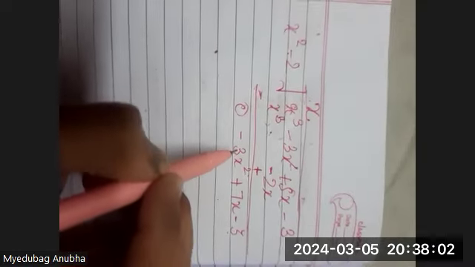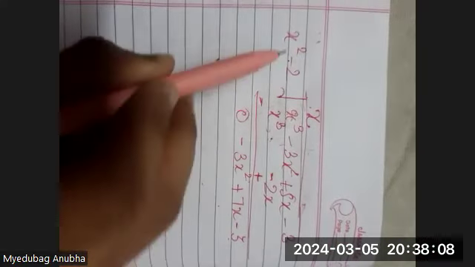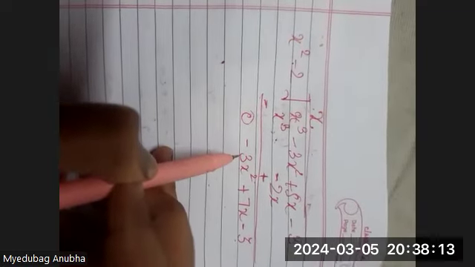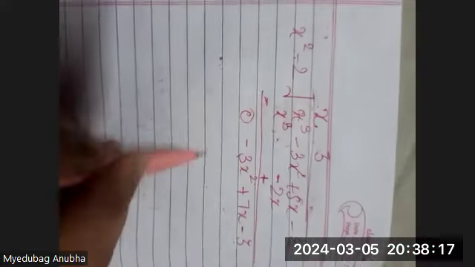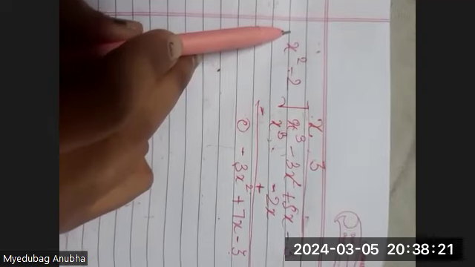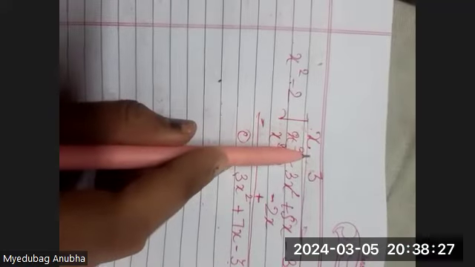Now, this is your x square and this is your x square. Do we require any x square here? No. This is 1 and this is 3. So 1 times how much is 3? 3. So this is your 3 here. This is negative and this is positive because we are solving for the x square first. So what we'll put here?